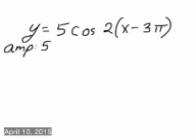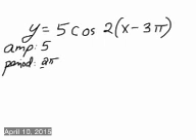Liz, do you know what number is in the B spot? 2. Good. So then when I do my period, I take 2 pi divided by 2. What happens with the deuces? They cancel, leaving you with a pi. That's your period.